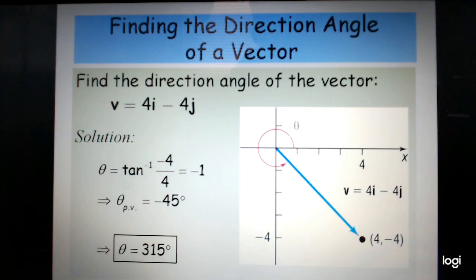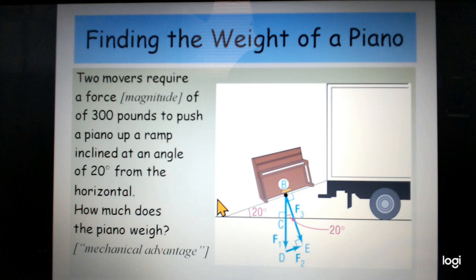As a warning, when we use an inverse trig function, we're getting a principal value. So often what we have to do is go back to the physical situation and see what that implies. So the answer here, theta, is 315 degrees.